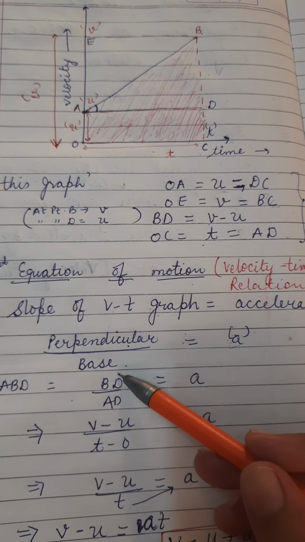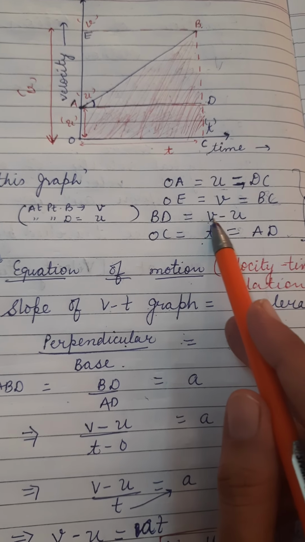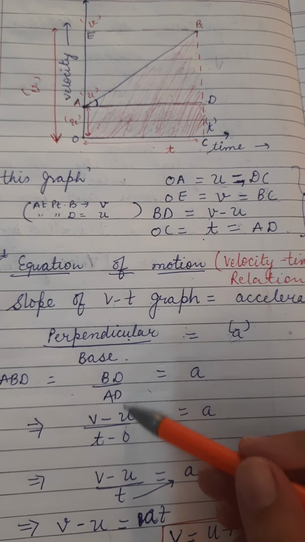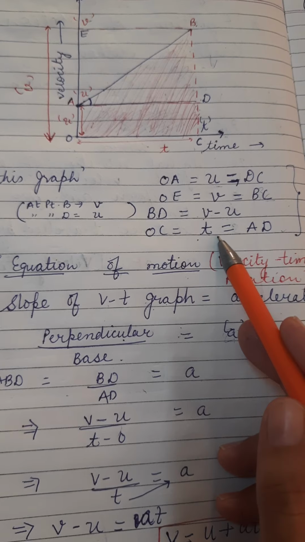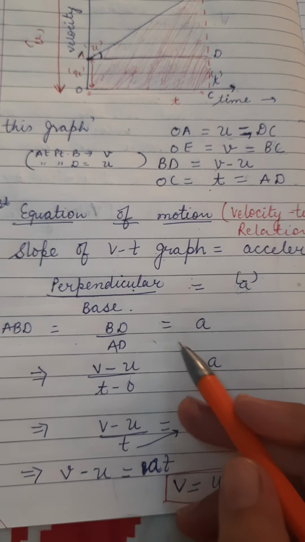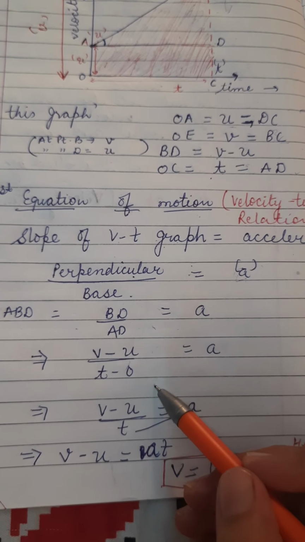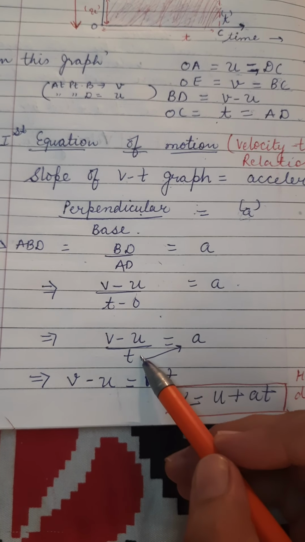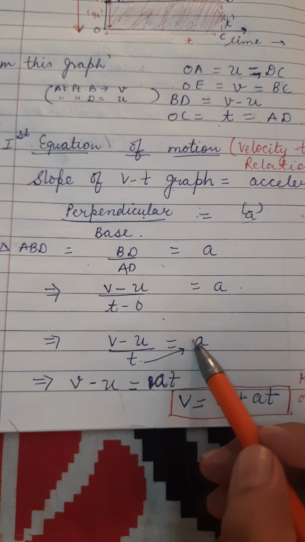And what is the value of BD? We have calculated here v minus u. And what is the value of AD? AD is also t. So v minus u upon t minus 0 is equal to a. v minus u upon t is equal to a.